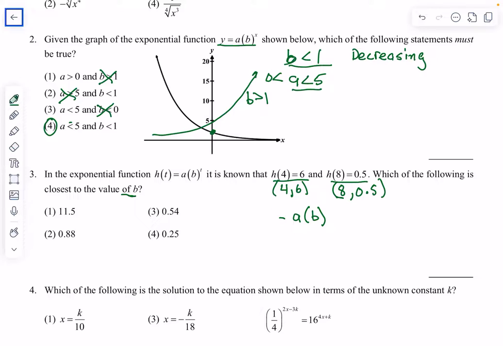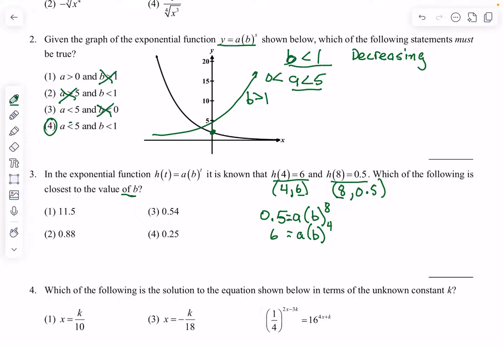That's funny. This is 0.5 equals a times b raised to the 8th. I'm going to copy it right off my sheet so I don't screw up. There's an equal sign between them. The second equation, we do the same way: 6 is the y, equal to a times b to the 4th.